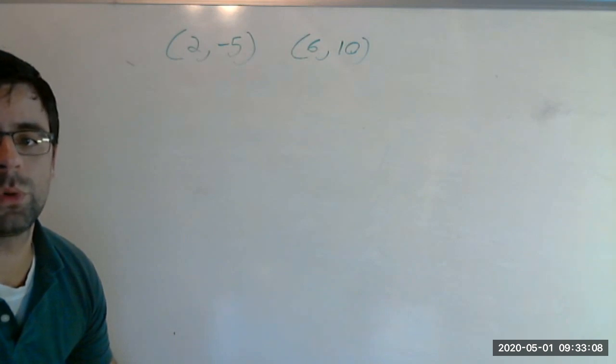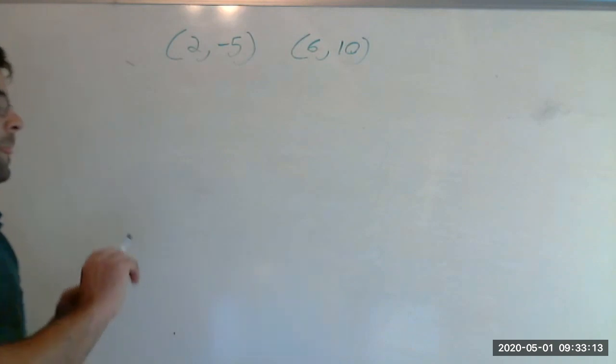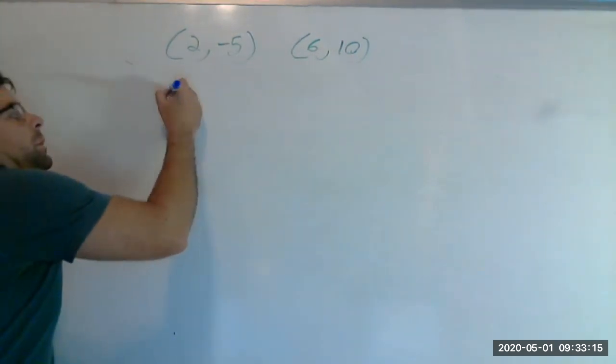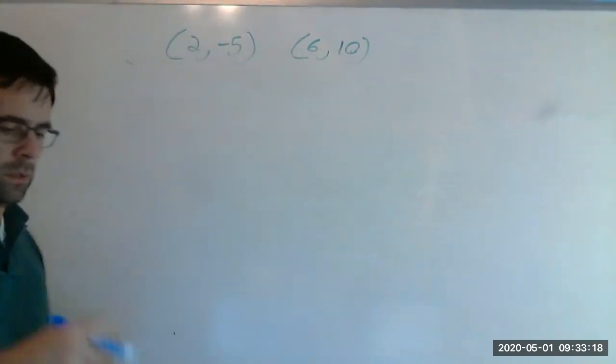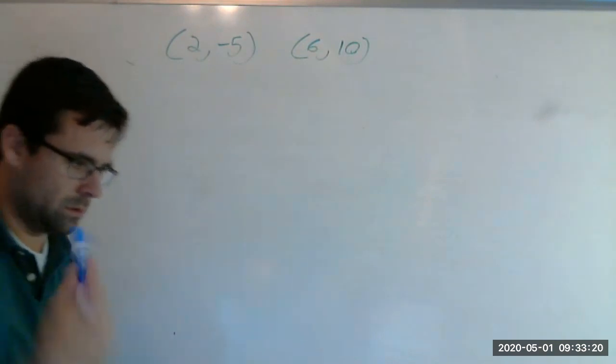General form for a line. Y equals mx plus b.